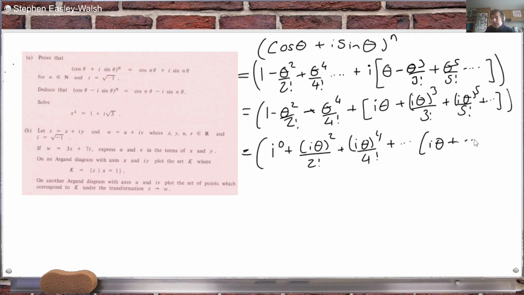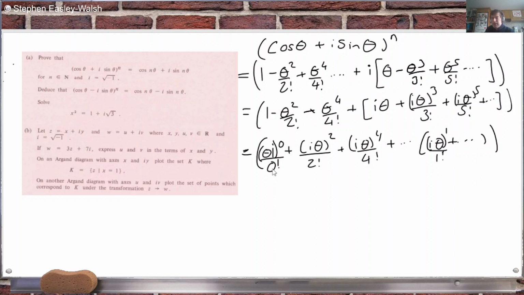And then the second one here. And if you look closely, you can change i theta to the 0 over 0 factorial, because that's a 1. And likewise, you can change i theta into i theta to the 1 over 1 factorial.